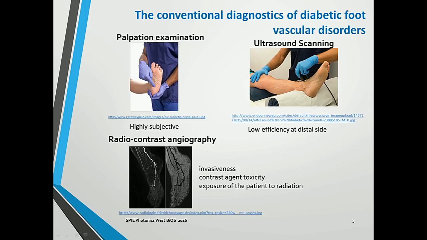Ultrasound scanning of the big arteries has quite low efficiency at the distal side. Radio contrast angiography can show precisely the development of diabetes-related vascular complications, but it's invasive, the contrast agent is toxic, and the patient is exposed to radiation. So it's tricky, but it's used now.